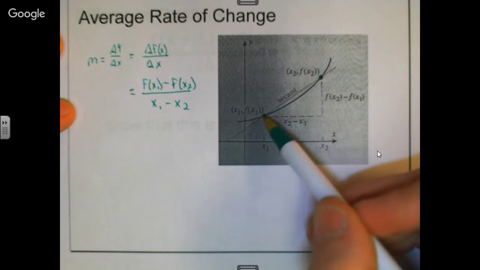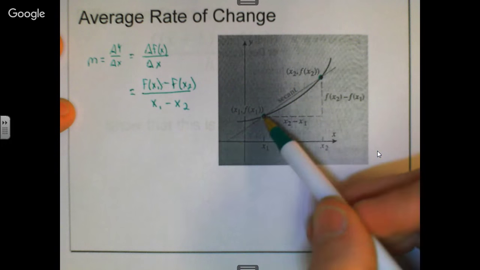Okay, so this is what we need to know here. So find the average rate of change of f of x equals x to the 4th from, and I'll give you some intervals here. So from -1 to 0. So we're going to look at f of -1 minus f of 0 over -1 minus 0.